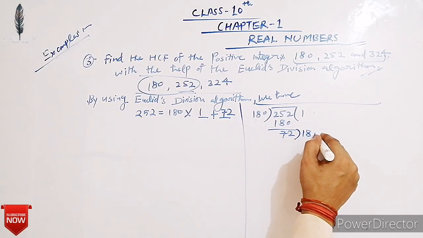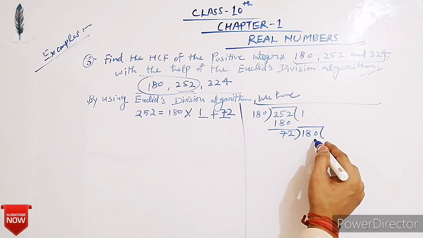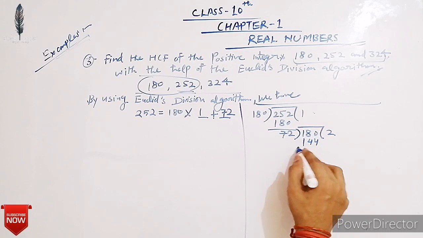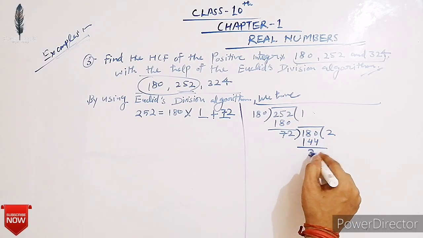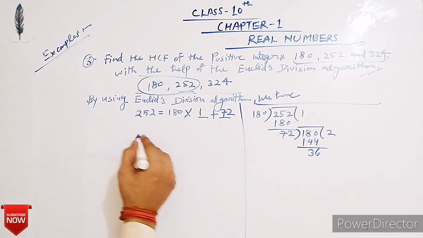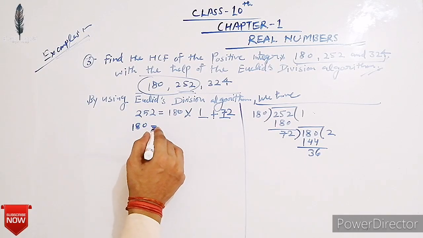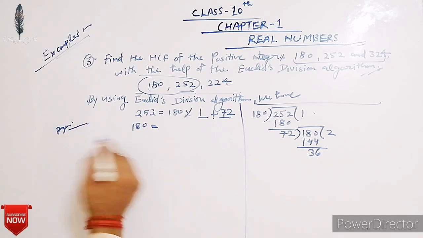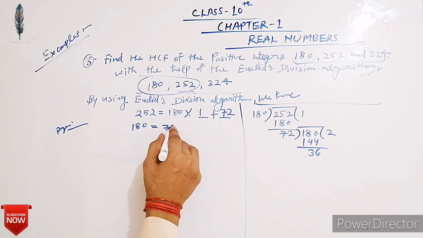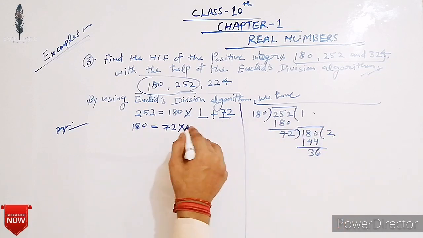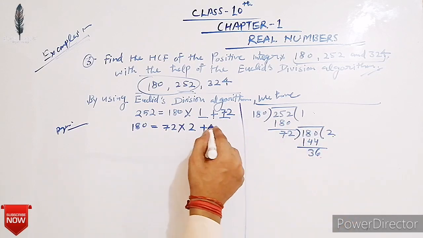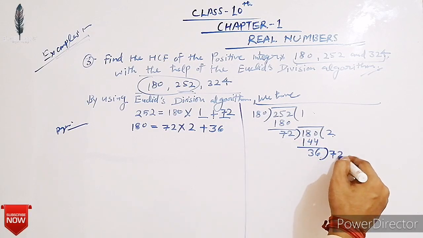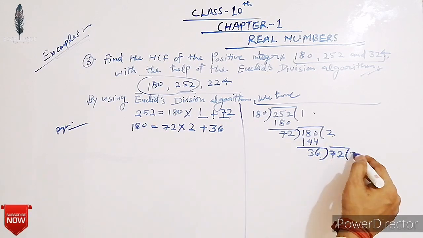Here 72 does not equal 0, so we take 180 as the new dividend and 72 as the new divisor. So here 2, here 144, here we got remainder 36. So here, by using Euclid's division algorithm, 180 is equal to 72 into quotient 2 plus remainder 36. So 36 is not equal to 0. So again we apply Euclid's division algorithm.